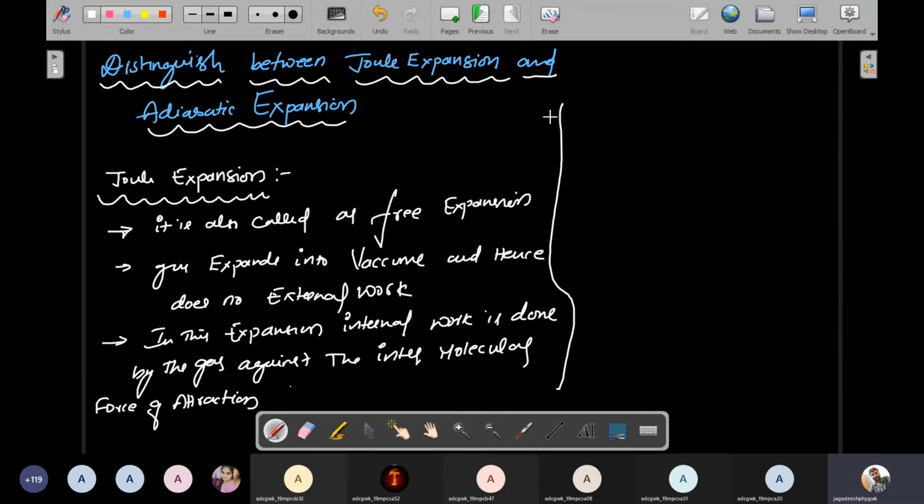The cooling effect or heating effect depends upon the initial temperature of the gas. If the gas is not doing any external work and is doing only internal work, it will produce either a cooling effect or a heating effect.